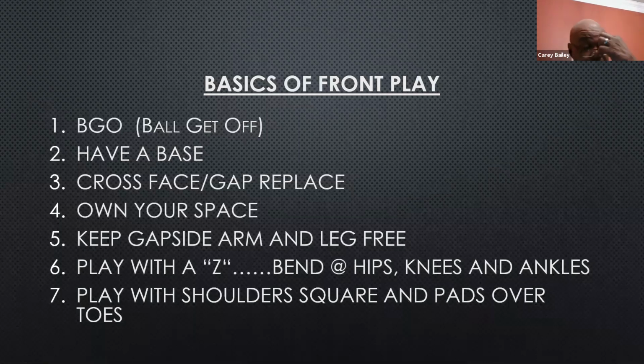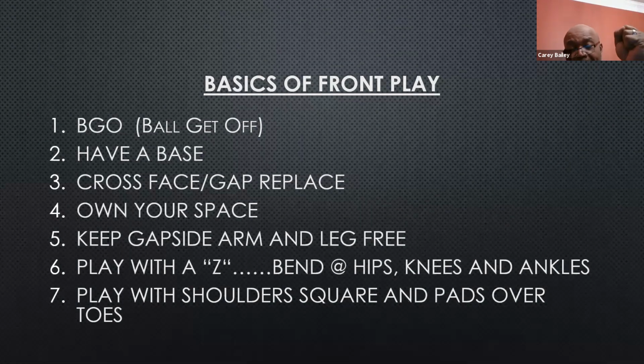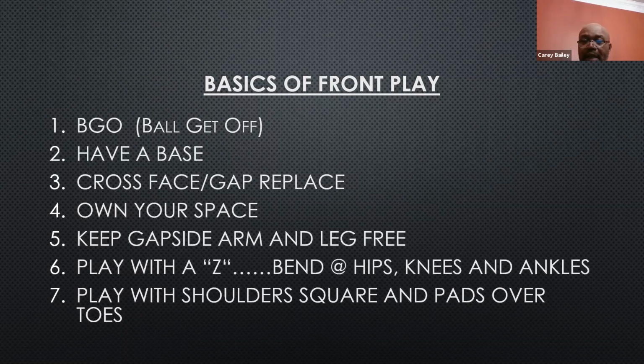If I'm a 3 technique and I get a base turnout, or if I'm a 3 technique and I get a reach block, I need to make sure that as I'm engaged with that offensive guard, I'm able to play with my gap side arm and my gap side leg in that gap, because that's the only way I'm going to be able to come off of that block and tackle something without having an arm tackle, which is probably going to get run through, in order to make the play within the space for which I'm responsible.